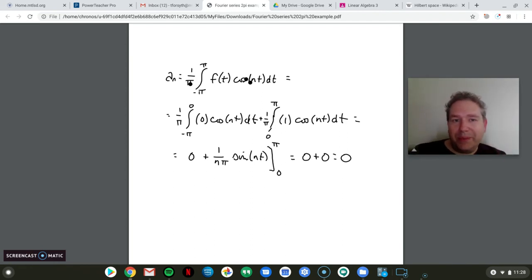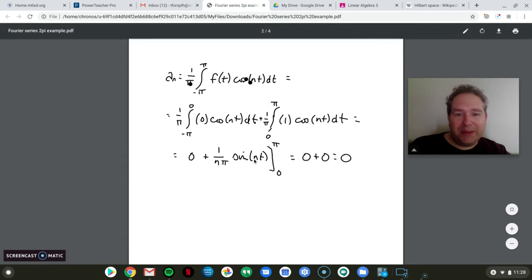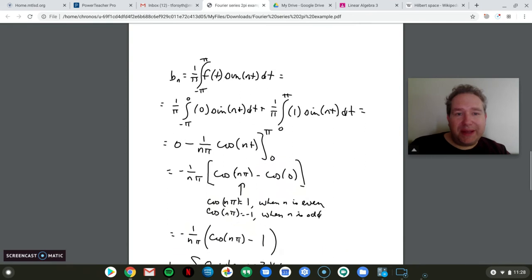There are no cosine terms associated with this. They both zero out. Obviously, this zeroes out, and through a little simple calculus, so does this. Okay, but with the sine terms, it doesn't.